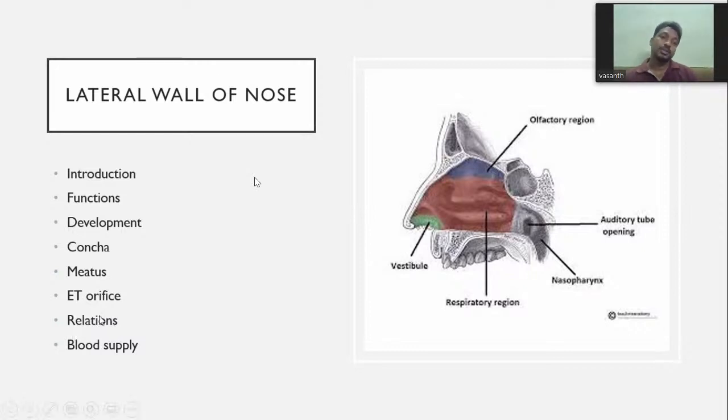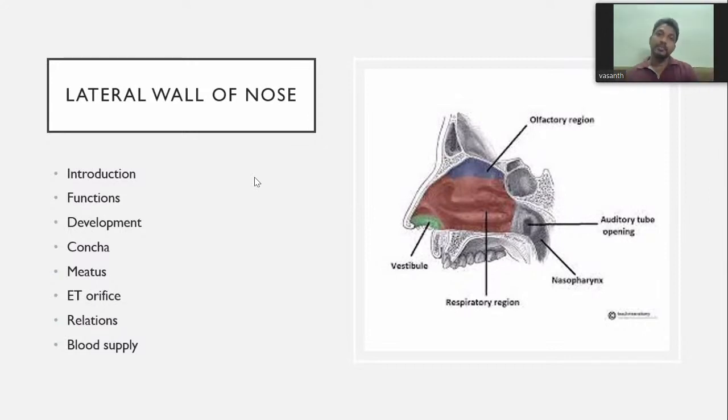Then you can mention the relations of the lateral wall: medially it is related to the nasal cavity and the septum, laterally to the maxillary sinus, and superiorly to the orbit and the roof of the nasal cavity, the olfactory region, and above that is nothing but the cranium. Posteriorly you have the nasopharynx. So you can very well give the relations.